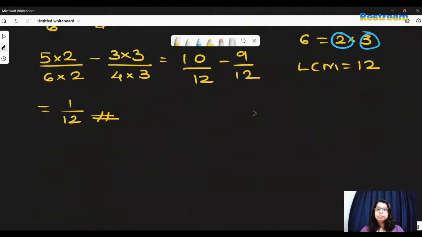Okay. What happens when we have mixed fractions? Okay. No problem. So for mixed fractions, we have, let's say, 5 1 by 4 minus 3 3 by 4.